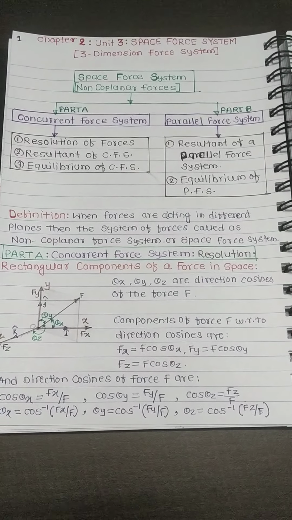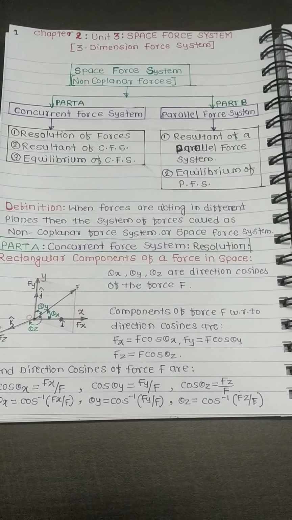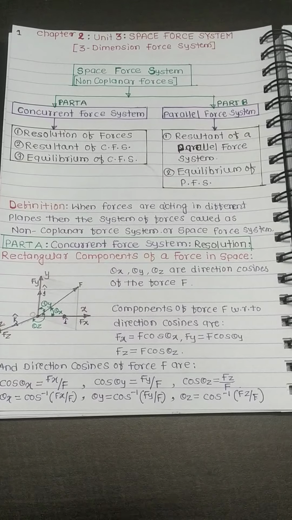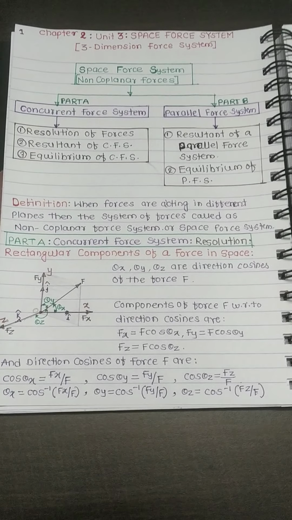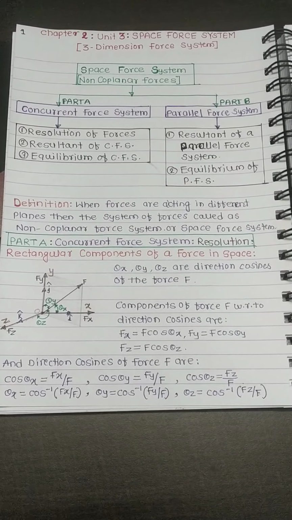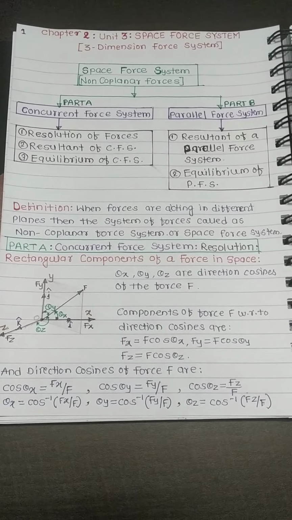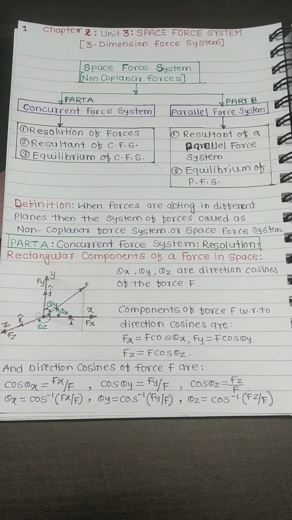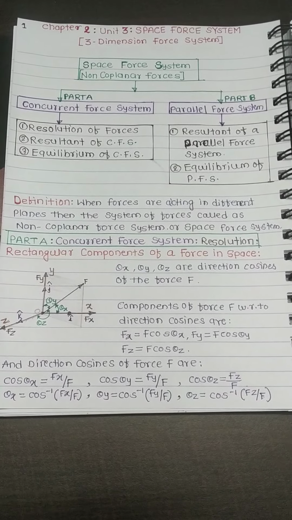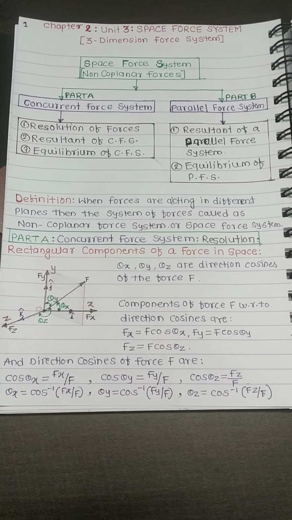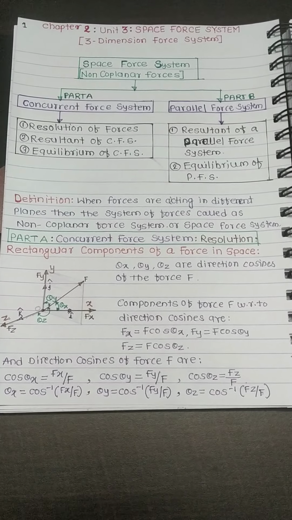The contents of parallel force system are resultant of a parallel force system and equilibrium of a parallel force system. In this video lecture, I am going to start with the resolution method in concurrent force system, that is Part A.